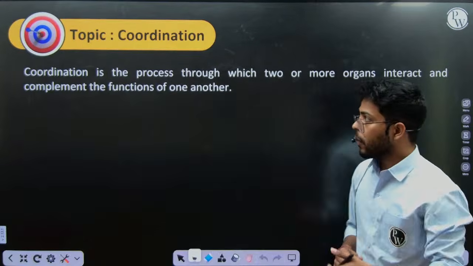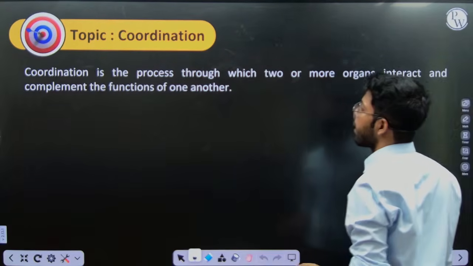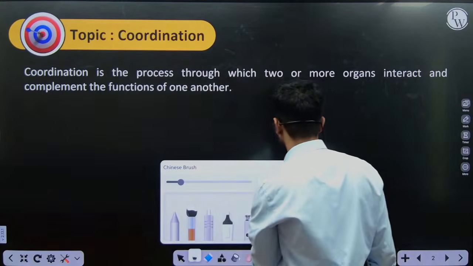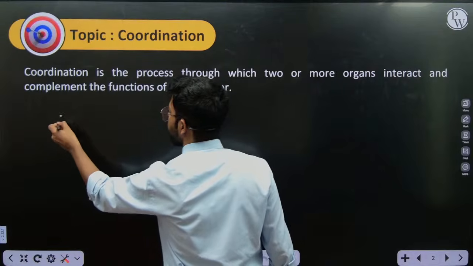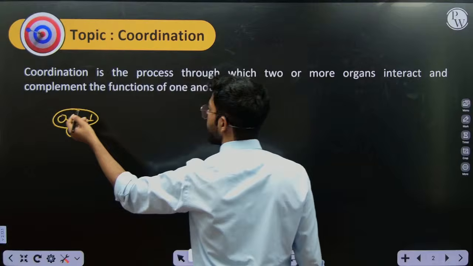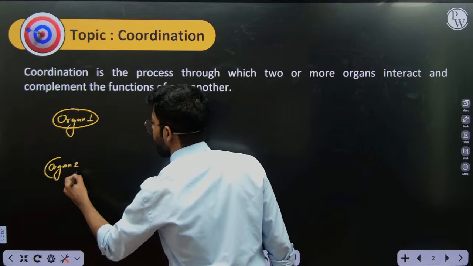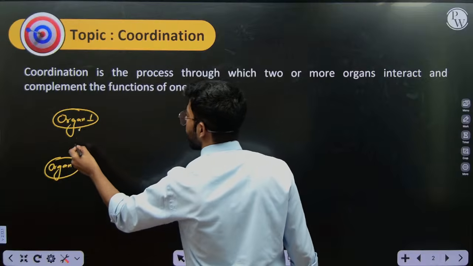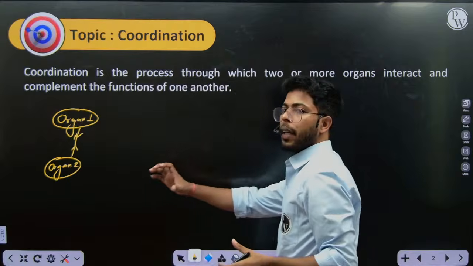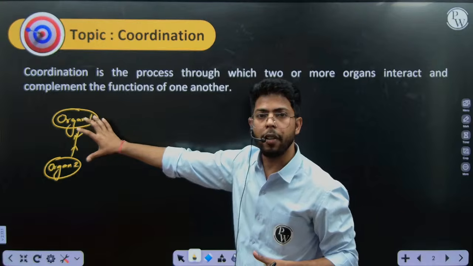Coordination is the process through which two or more organs interact and complement the functions of one another. For example, if organ 1 is situated in the thoracic cavity and organ 2 is located in the abdominal cavity, then for any physical activity they must have communication between these two.